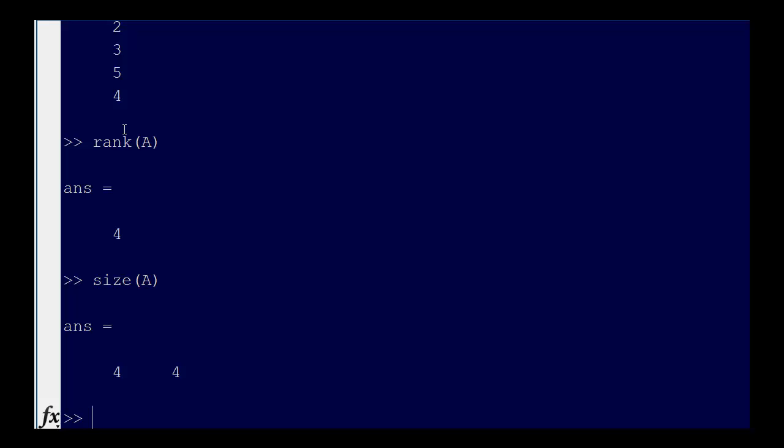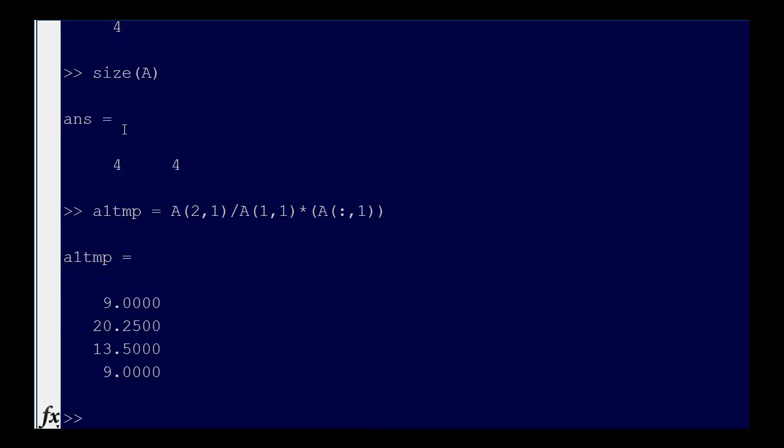So let's just call this A1 temp equals A21 divided by A11, and we multiply that by the whole first row.